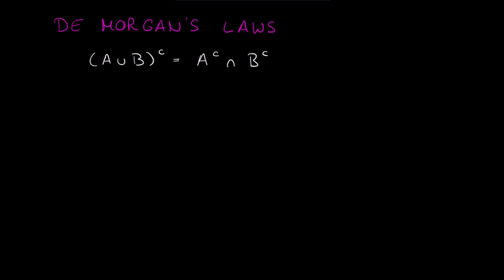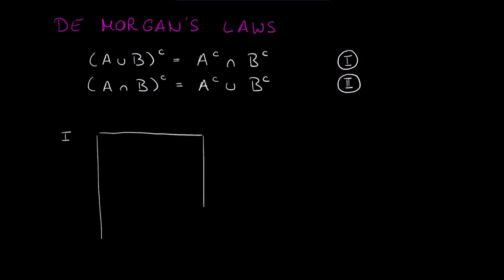This is equal to the intersection of the individual complements. The second law states that the complement of the intersection is the same as the union of the individual complements. You can remember these laws by moving the complement into the brackets and then changing the set operator. A union becomes the intersection, while the intersection becomes the union.